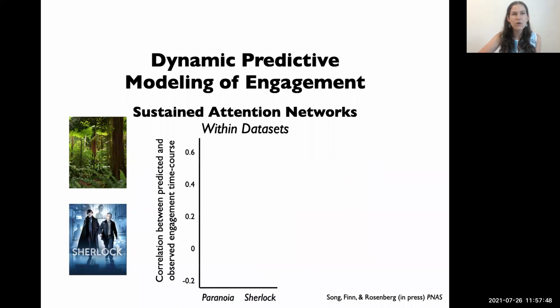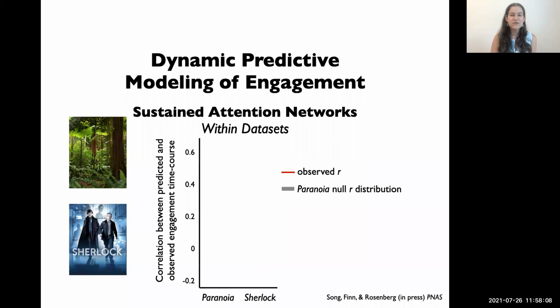I'm first going to show you data from the within dataset prediction. In other words, training support vector regression models using patterns of connectivity in the sustained attention networks that I've already presented to predict changes in engagement over time.